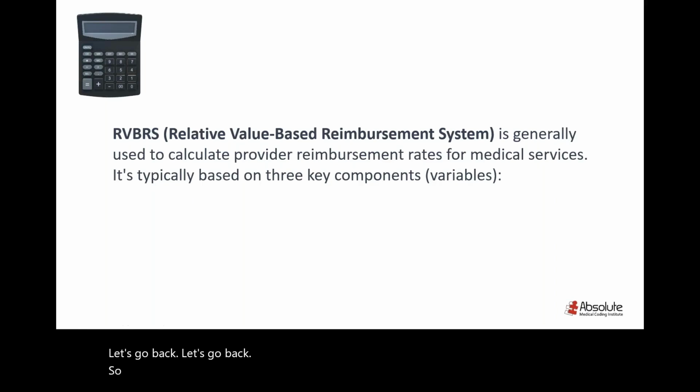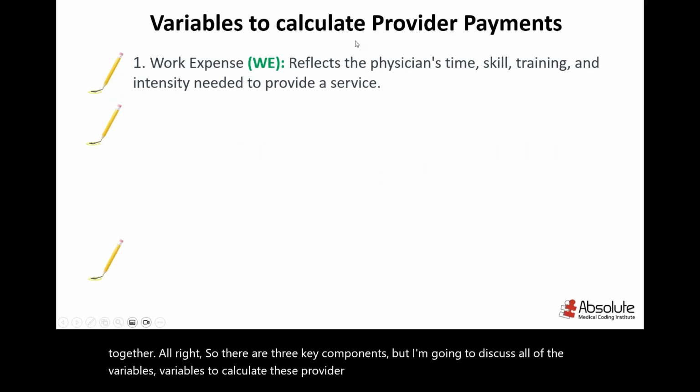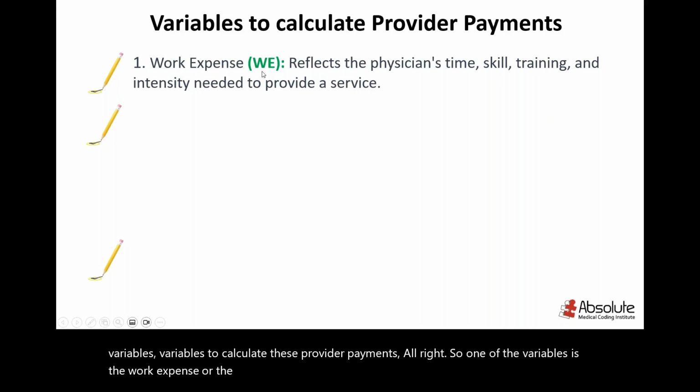So they use three key components. Exactly. So you guys are just rocking it in the chat. So we're going to put it all together. There are three key components, but I'm going to discuss all of the variables to calculate these provider payments. One of the variables is the work expense, or the WE.